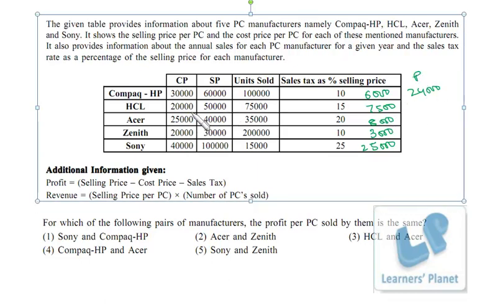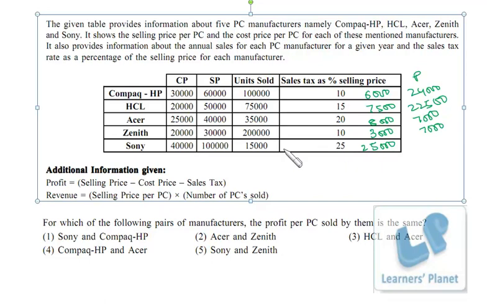Similarly, the next one, the profit is 22,500. Similarly, 40,000 minus 25,000 minus 8,000, so that's 7,000. Then this is 30,000, the 20,000 and 3,000, so it's again 7,000.